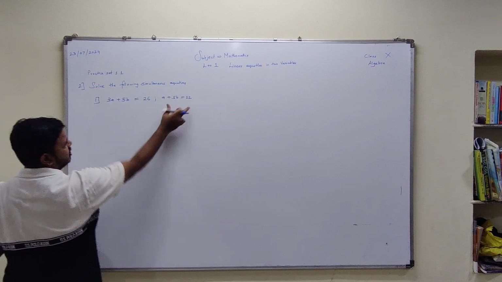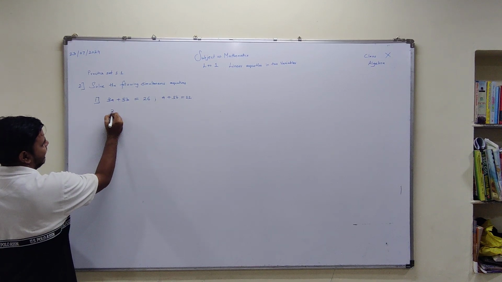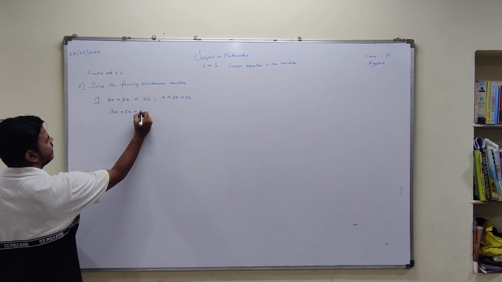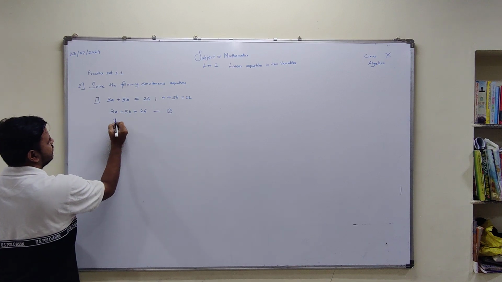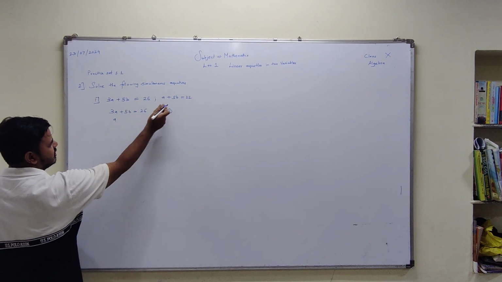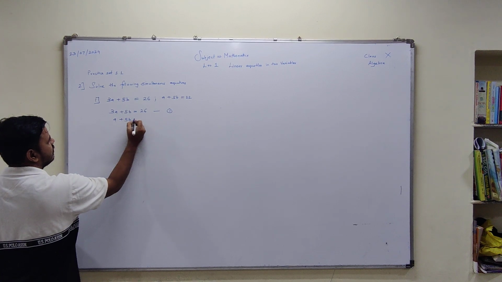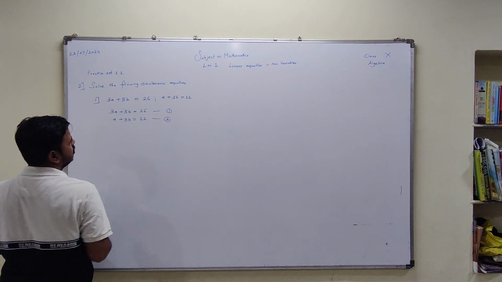After looking at these equations, first we have to write down the equations and name them as equation 1 and equation 2. So this will be our equation 1, and below it you write the second equation, a plus 5b is equal to 22. This we will name as equation 2.